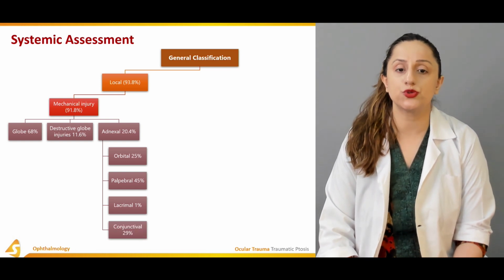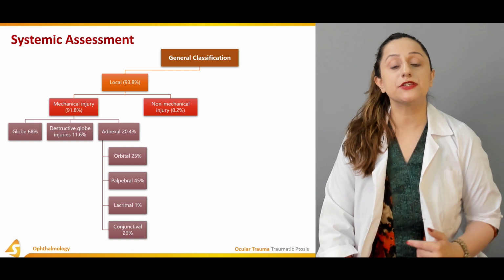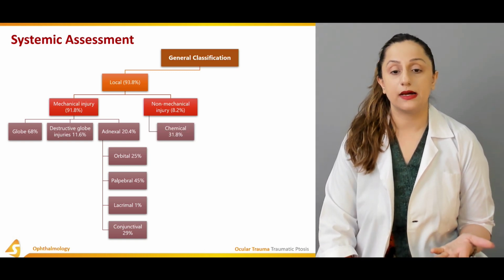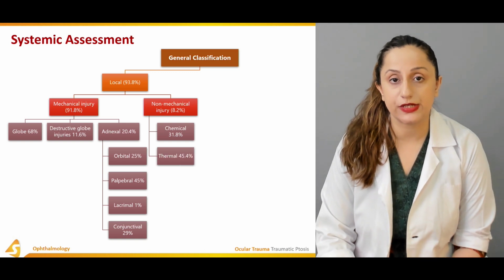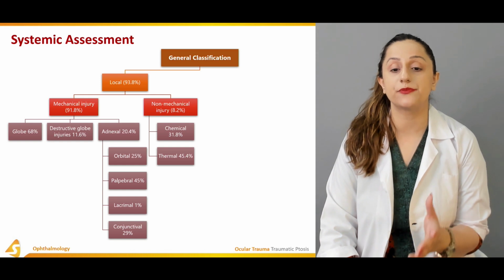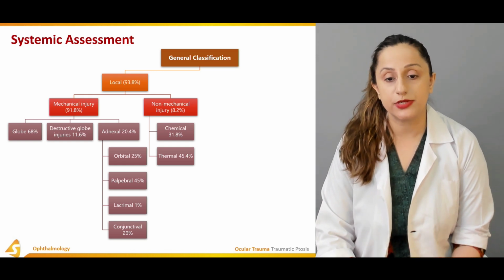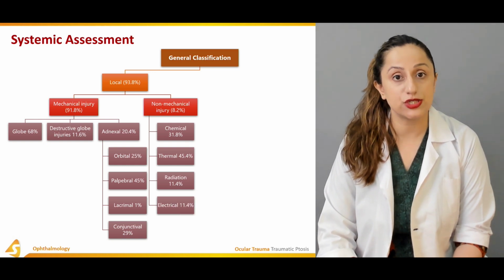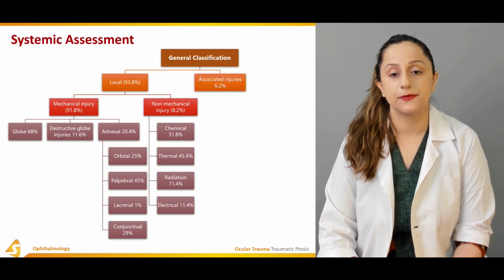Conjunctival damage occurs in almost 29% of the cases. If it's a non-mechanical injury, for example a chemical injury, in almost 31.8% of the cases. Thermal injuries comprise 45.4% of the cases, radiation 11.4%, and electrical injuries almost 11.4%.